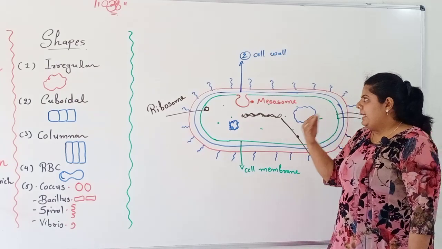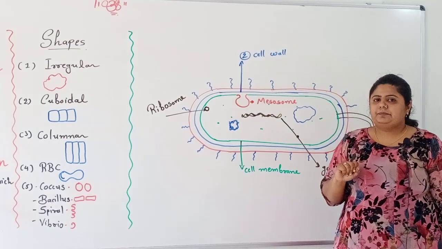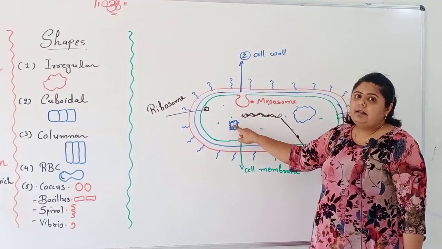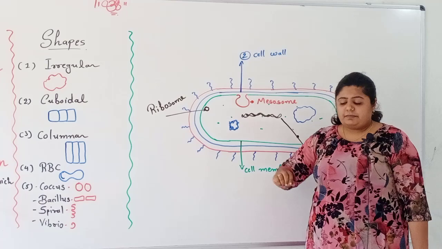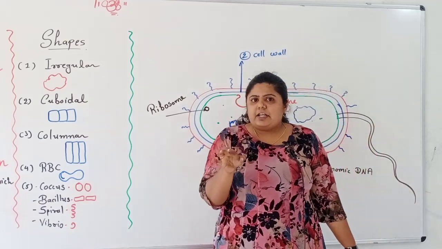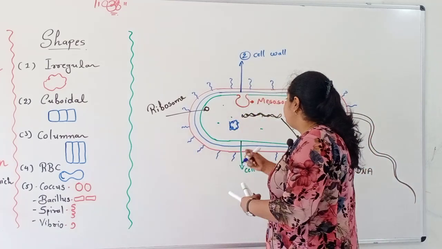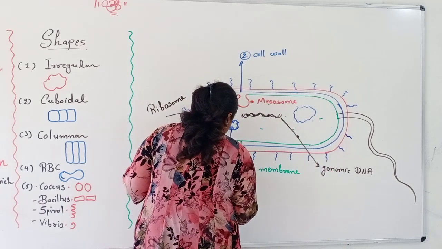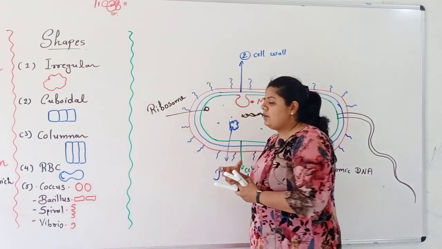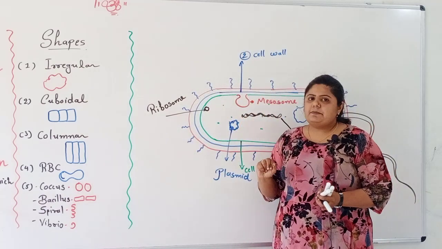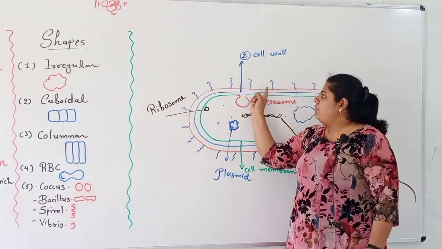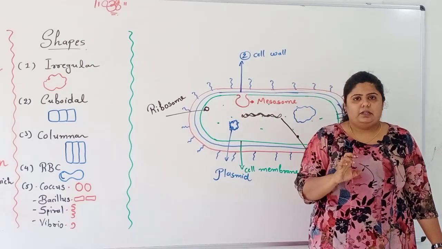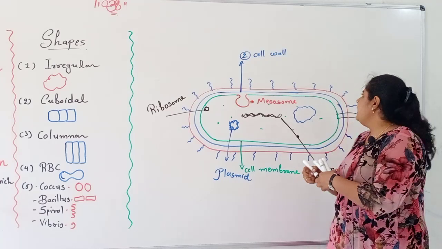Okay. Next, third layer, capsule. So you can see there is an extra DNA other than genomic DNA. In some bacteria, extra DNA is there, which is called plasmid. Beta, if extra DNA, then extra benefit is also there. Due to this plasmid, a third extra layer forms around this bacteria, and this third layer is called capsule, which is made up of glycocalyx.